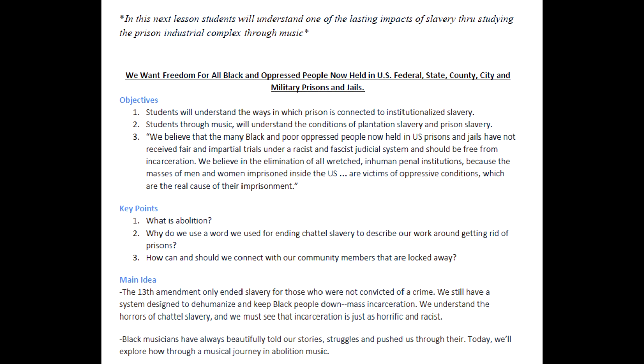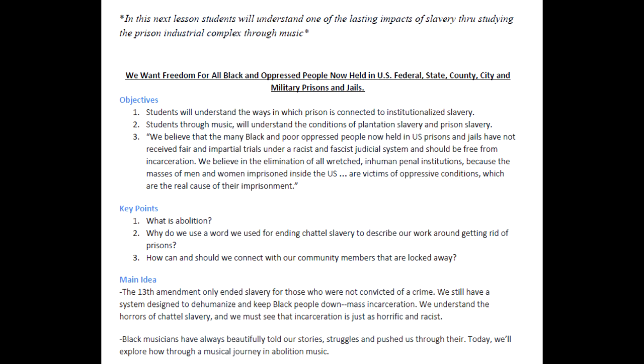3. Quote, "We believe that the many Black and poor oppressed people now held in U.S. prisons and jails have not received fair and impartial trials under a racist and fascist judicial system and should be free from incarceration. We believe in the elimination of all wretched, inhuman penal institutions because the masses of men and women imprisoned in the United States are victims of oppressive conditions which are the real cause of their imprisonment."